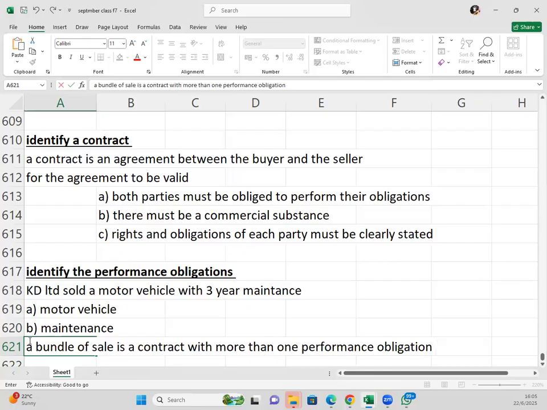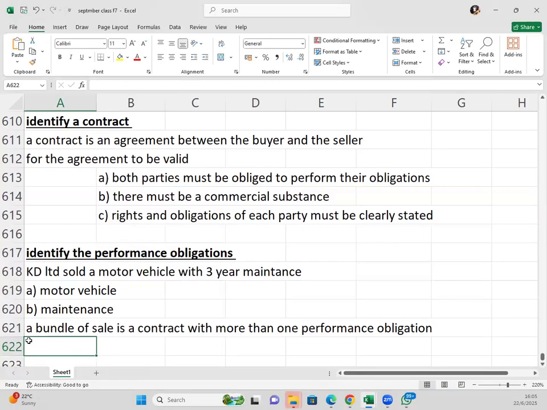A bundle of sale is a contract with more than one performance obligation. So you are required to deliver more than one thing.